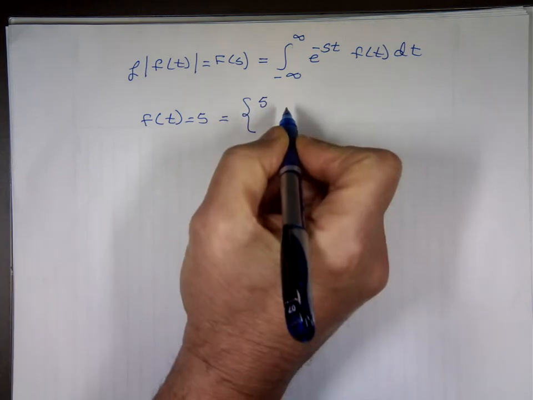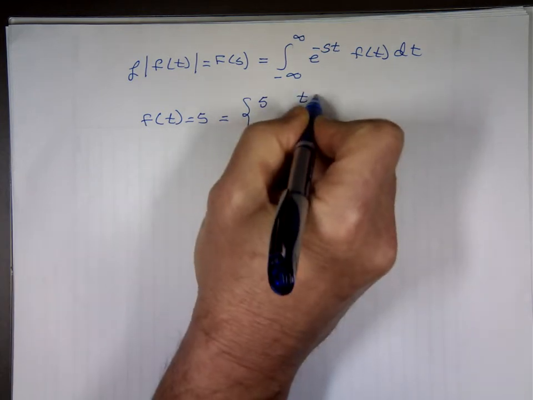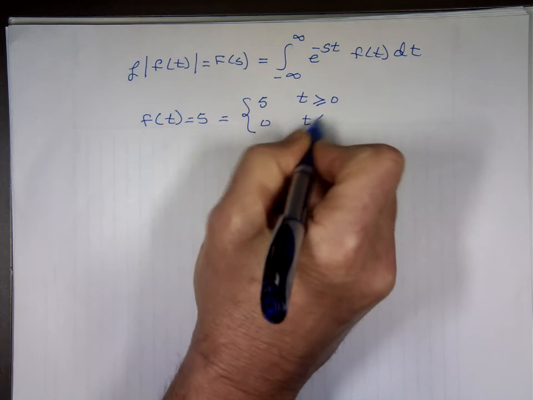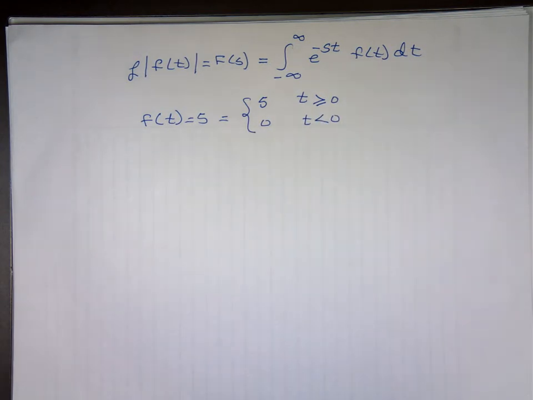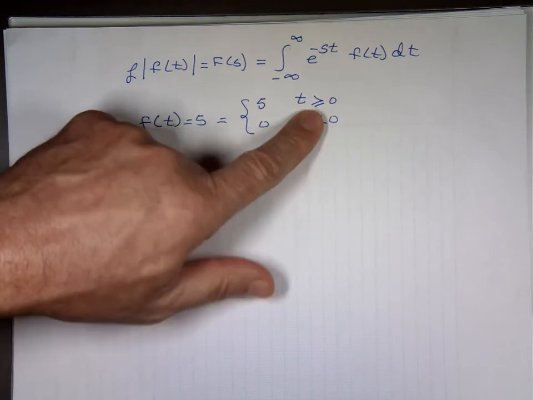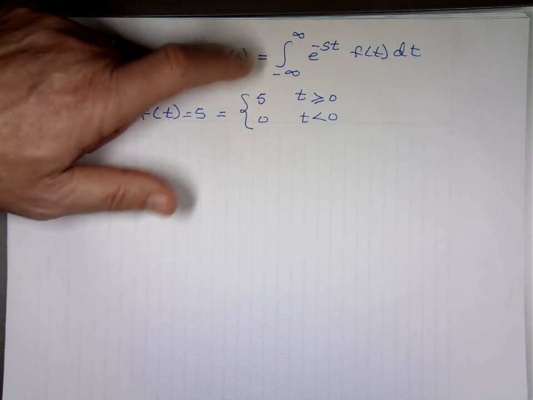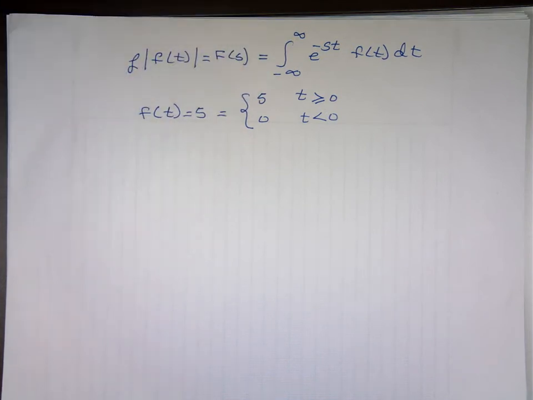It has a value of 5 when t is greater than or equal to 0, but it was 0 when t was less than 0. Before you came into the lab, that circuit wasn't even built. So when you build the circuit and you connect the source to it, that's t equals 0. So we're not going to be going from negative infinity. It will be going from 0 to the time there.